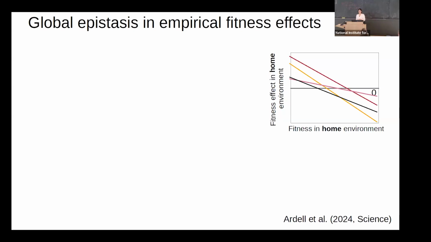And I'm now going to introduce a second observation from these studies, which is that all of these mutations cross this line of neutral mutations at around the same point, which is known as the pivot fitness. And from now on, I'm going to take fitness relative to this point, where mutations go from being primarily beneficial to primarily deleterious.